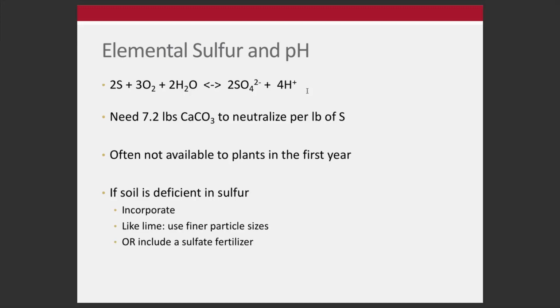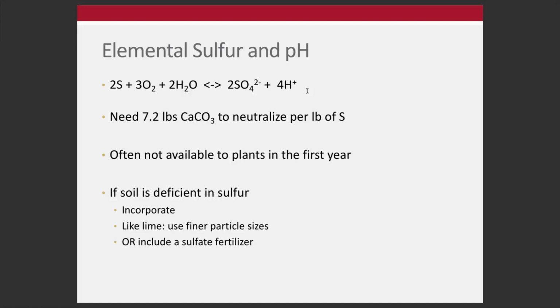It can become quite pricey in a hurry, so that's available in limited applications, at least economically. When we apply elemental sulfur, we're typically not going to expect it to be available the first year. We'd want to apply it maybe in the fall or the spring, and then think about it being available sometime later in the year or even into next year.